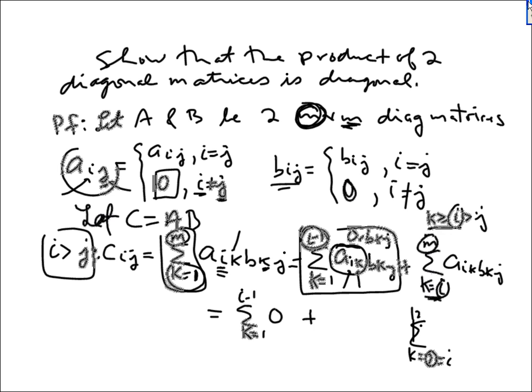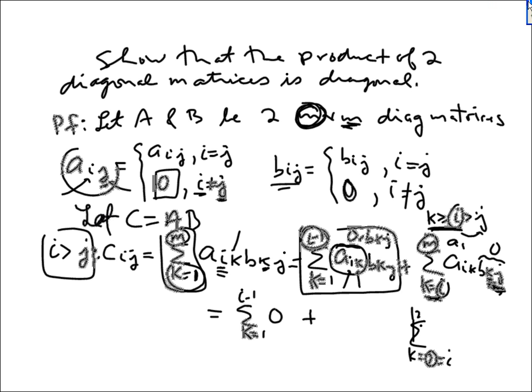So if k is bigger than or equal to i, but i is bigger than j, that means k is bigger than j. This is always 0, because if k is bigger than j, how is k going to equal j? If k and j are different, we get 0.